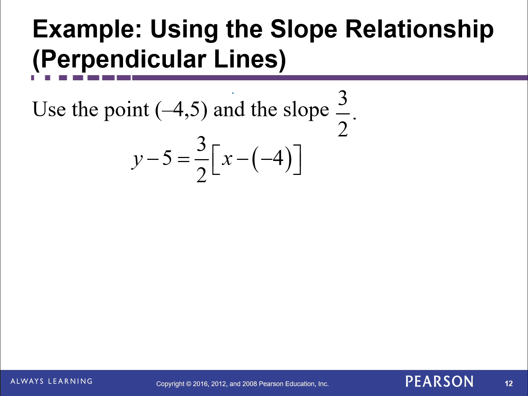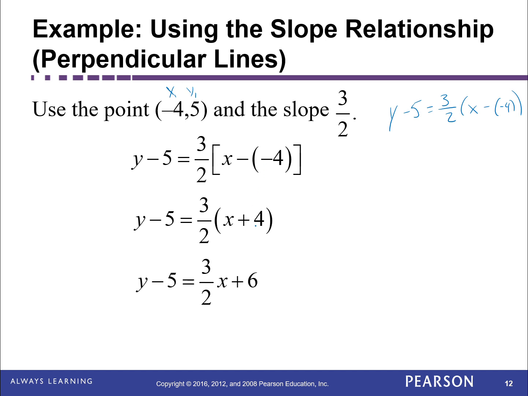Now we can use the point-slope formula because this is x1, y1, and we can plug in the slope and that point. So we have y - y1 = the slope times (x - x1), which is -4. Okay, then all we have to do is do some simplification here. Minus a -4 is a +4, so that simplifies.